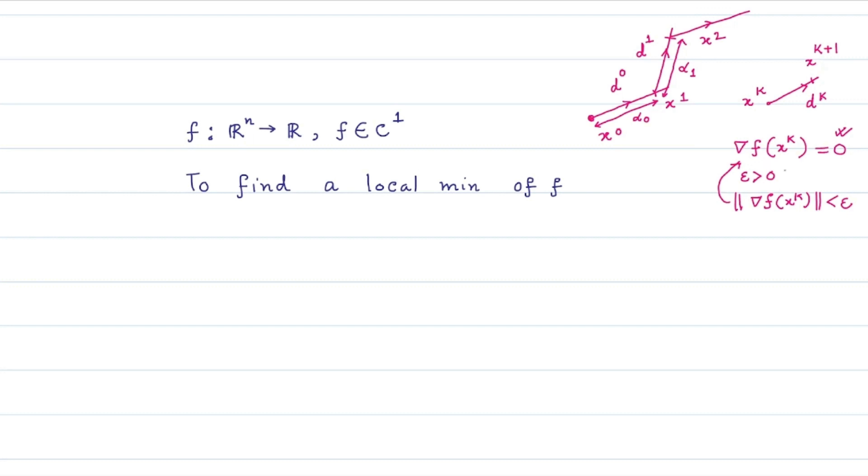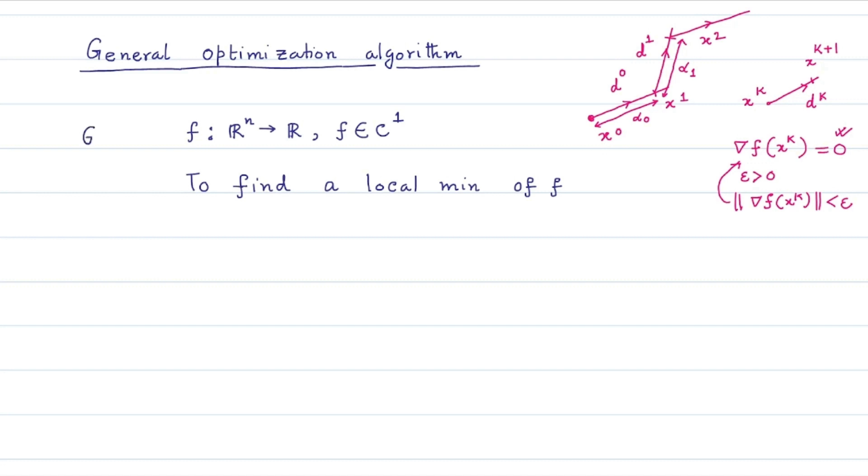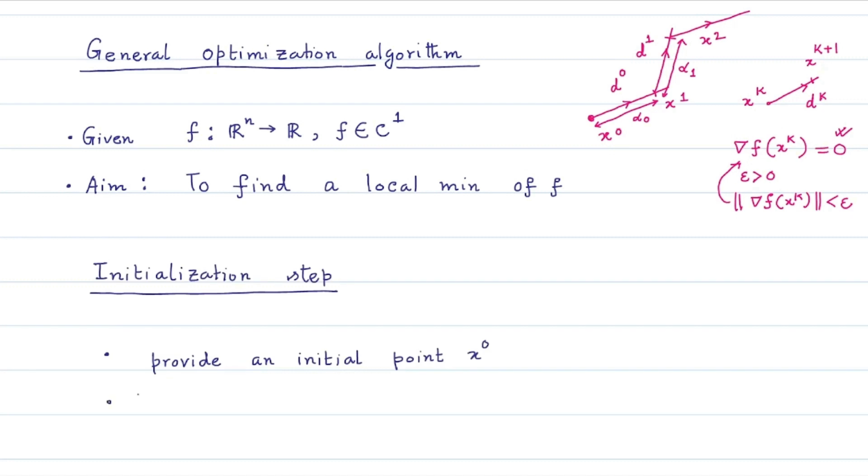By that, we approximately get a point xk that satisfies almost this equation. Thus, in a general optimization algorithm, to find a local minimum of a function of several variables that is known to have first order continuous partial derivatives, we start by providing an initial point x naught and passing a precision level epsilon that indicates a desired tolerance level for the equation grad f is equal to 0, which might give us an optimum solution or at least a stationary point.